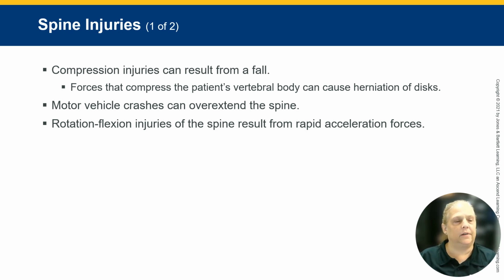So with our spinal injuries, we can have a compression injury as a result of a fall or jumping off countertops onto the floor. That can cause a herniation of the disc. Motor vehicle accidents can overextend the spine.